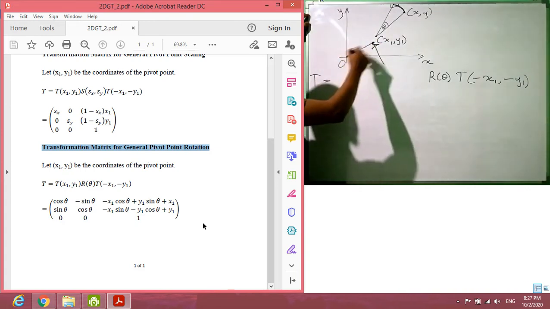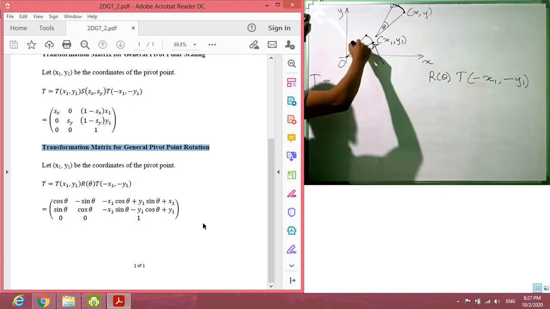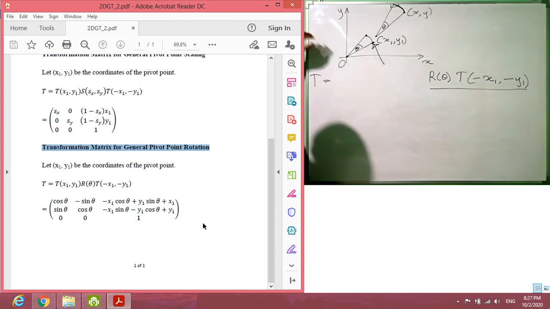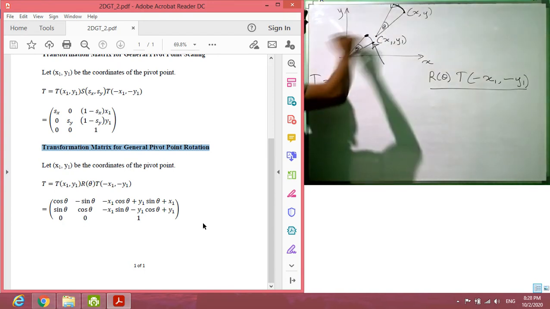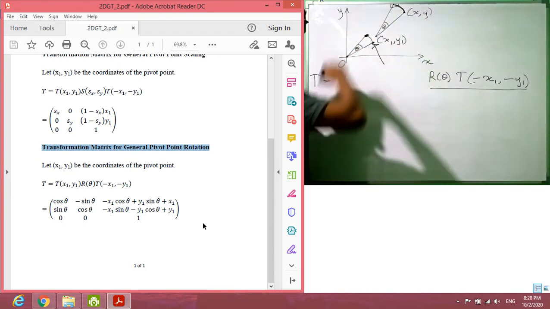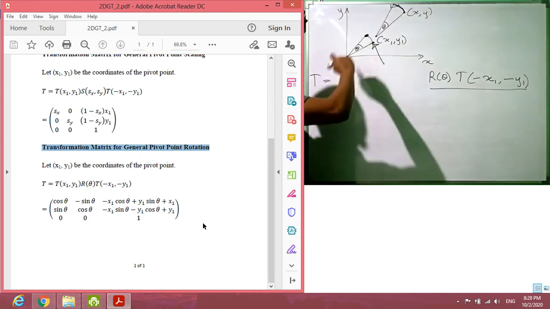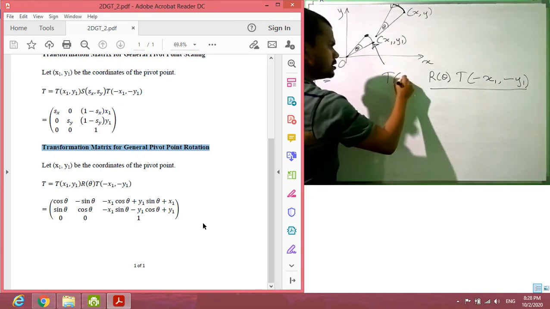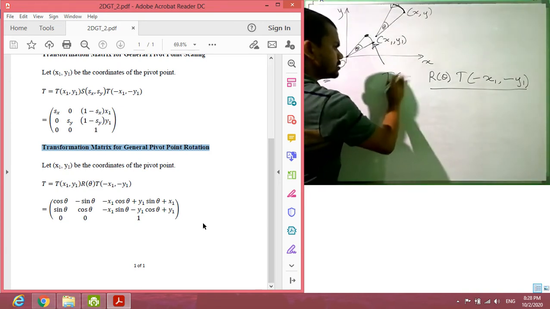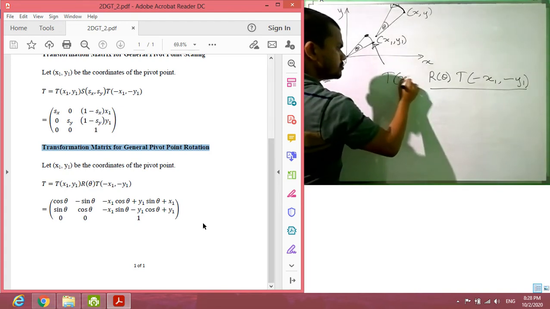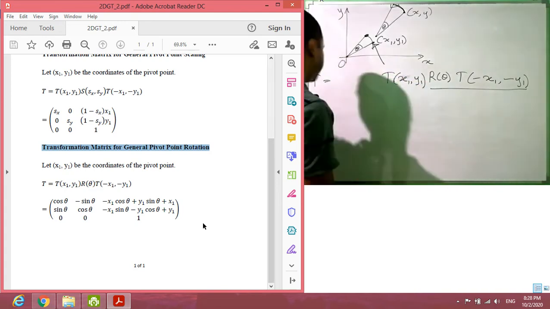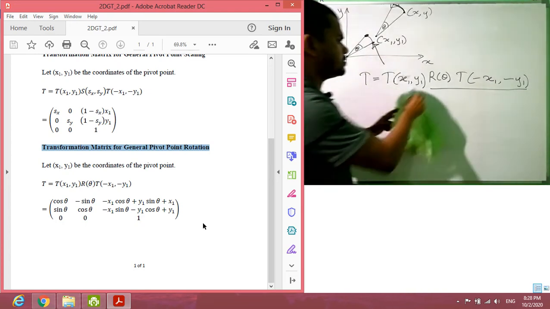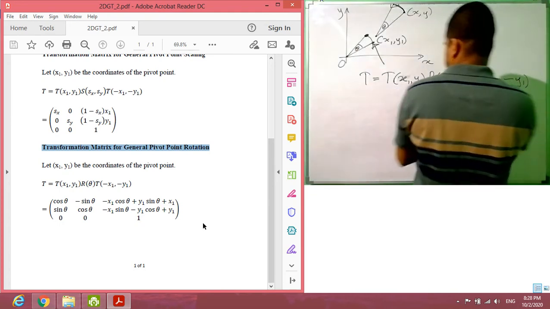We rotate the point around the origin by an angle of theta. Then after that, we again translate to the actual position by x1, y1, and then you will get this point. So in that way we can get the composite transformation matrix.